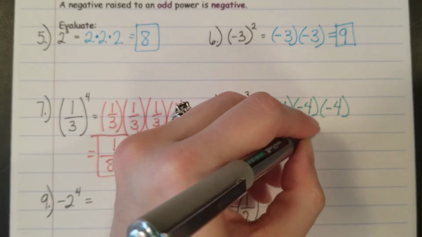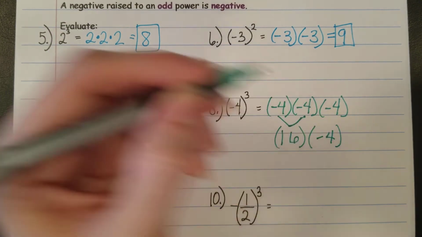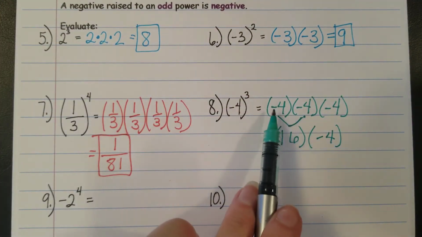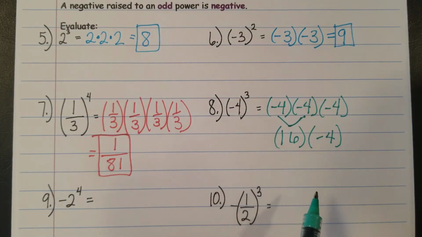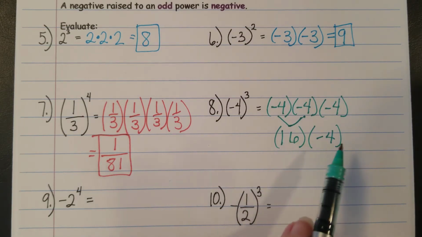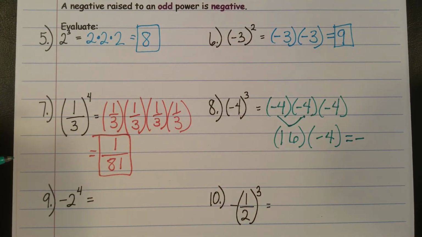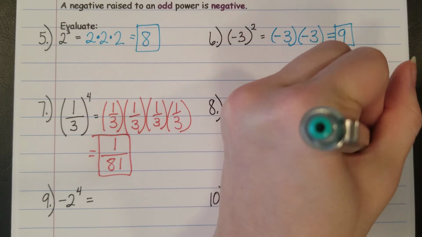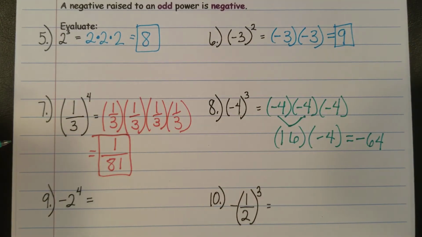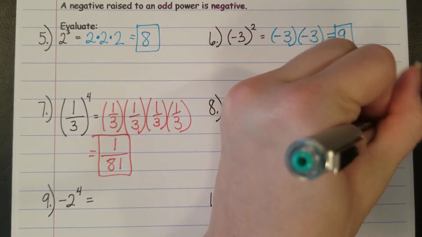And then +16 multiplied by -4. A negative times a negative gave us a positive right here, but then a positive times a negative is going to give us a negative answer. And then 16 times 4 is going to equal 64. So -64 is the final answer.